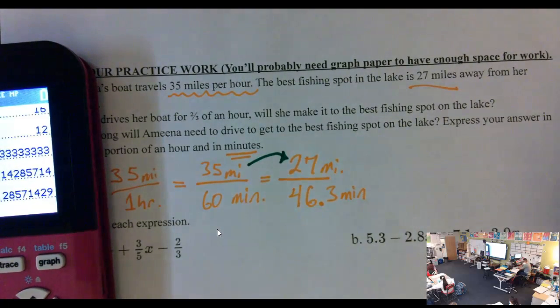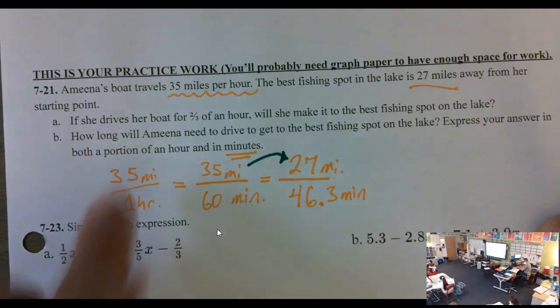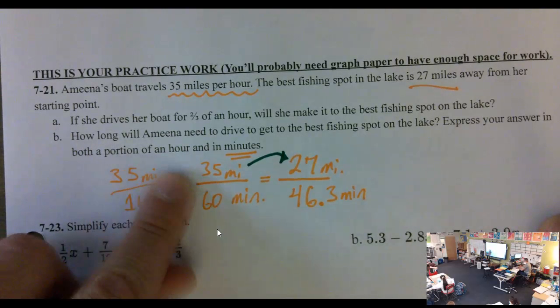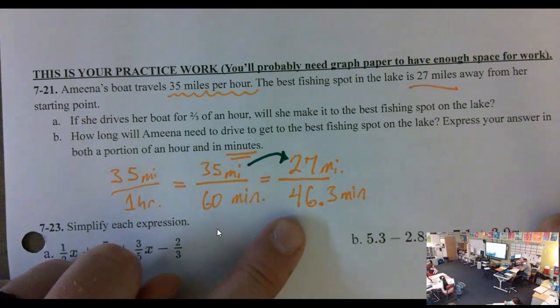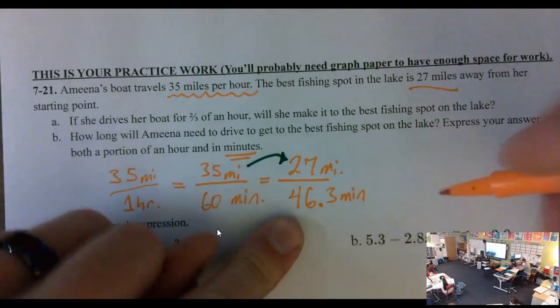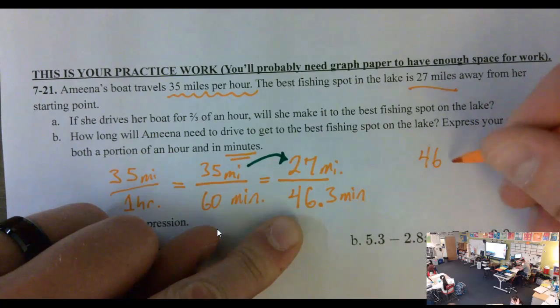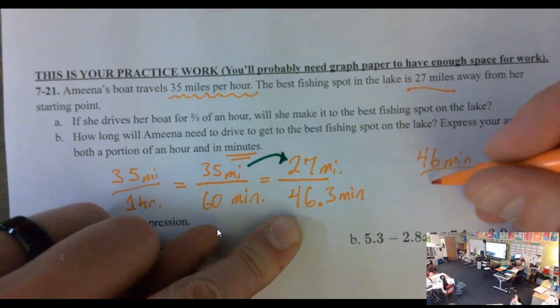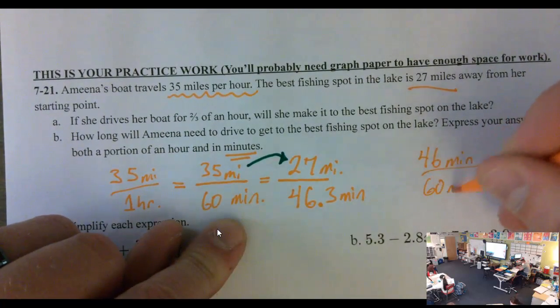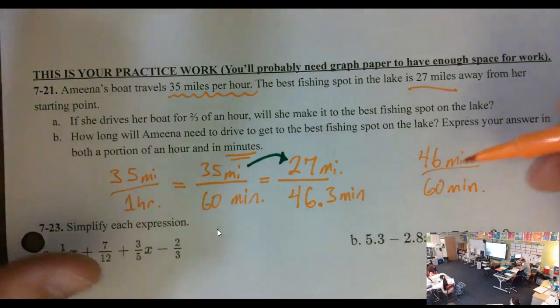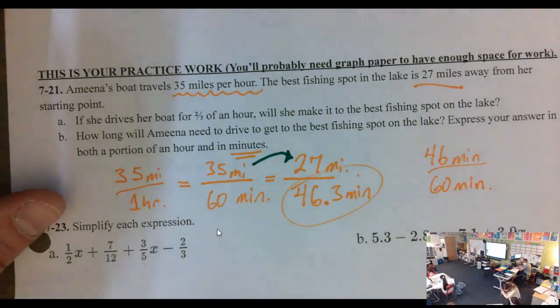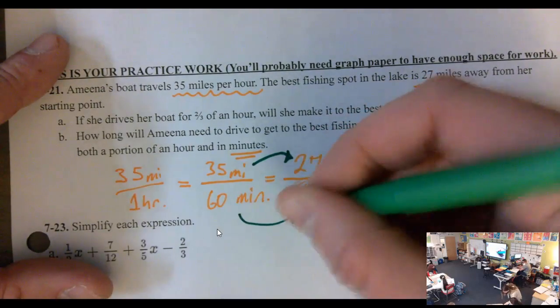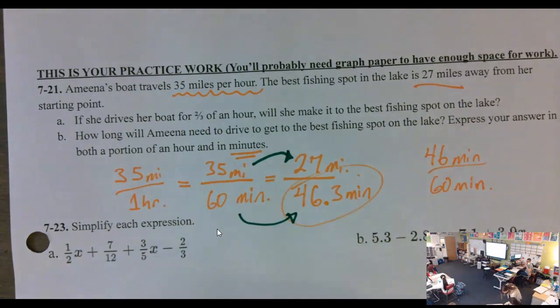And if we want to talk about how much of an hour, there are multiple ways to write the portion of an hour here. It's a little over 3/4 because 45 minutes. So guys, what you could write is 46 minutes compared to 60 minutes. But honestly, I care more about just getting this amount of minutes and having this proportion set up. I care more about that than I care for portion of hour.